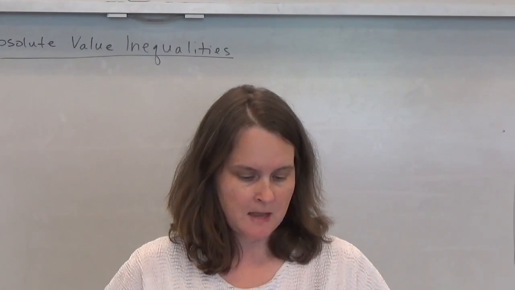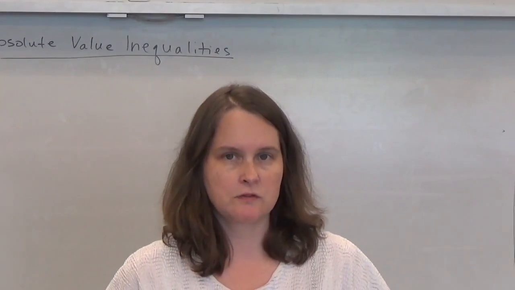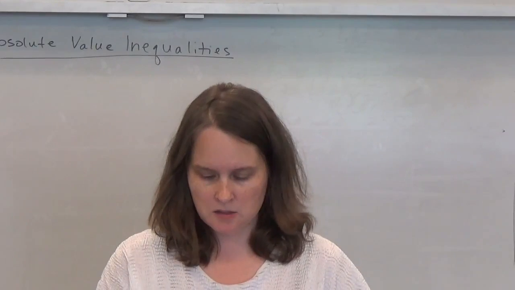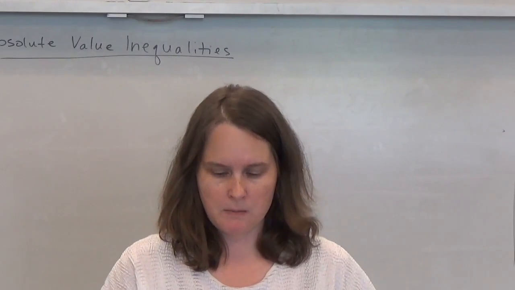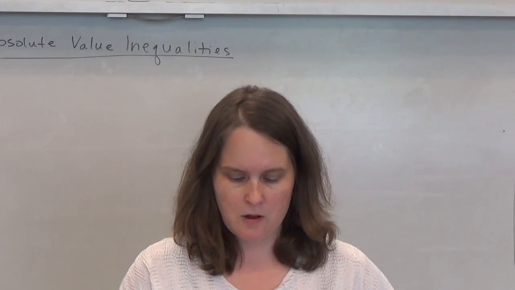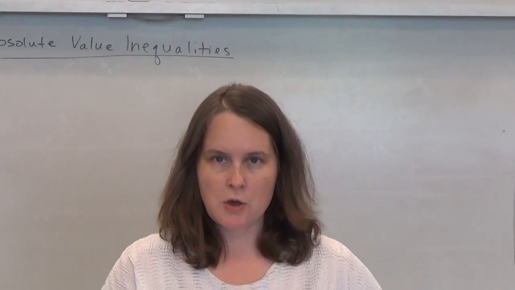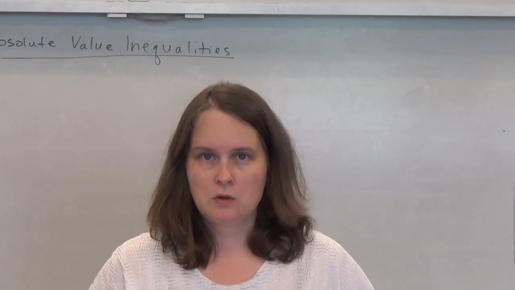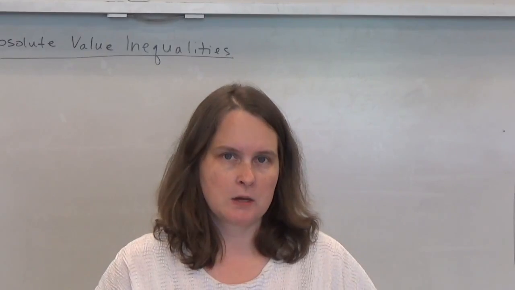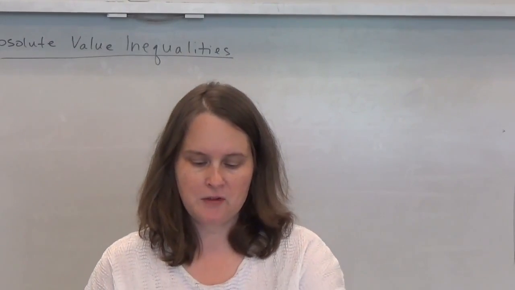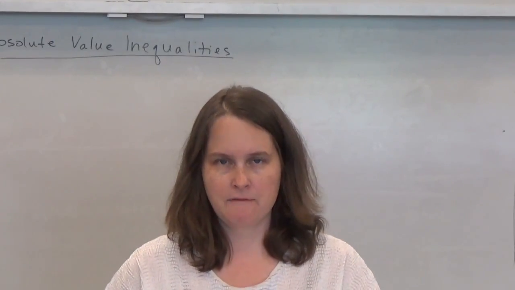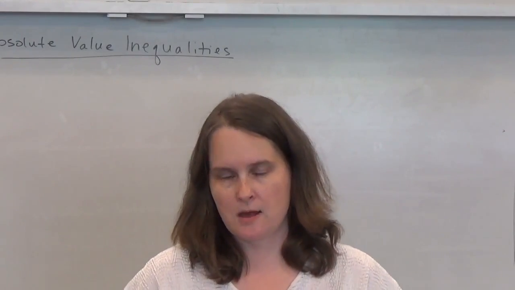It's in terms of k. Sometimes that's confusing for people. K is just a constant. But you'll see the rule at the bottom of the page that we were just working from. Those rules are essential to being able to solve absolute value inequalities. And hopefully you'll understand why we have those rules based on what we just talked about.